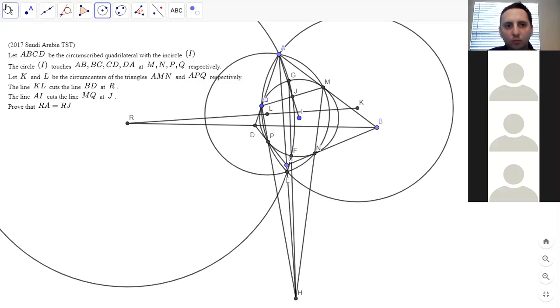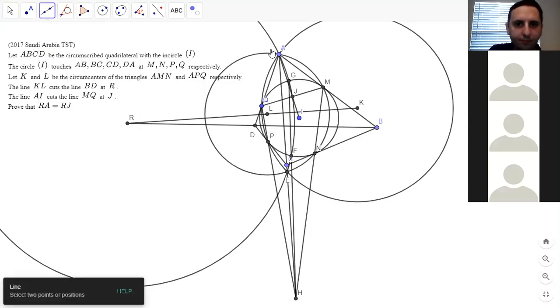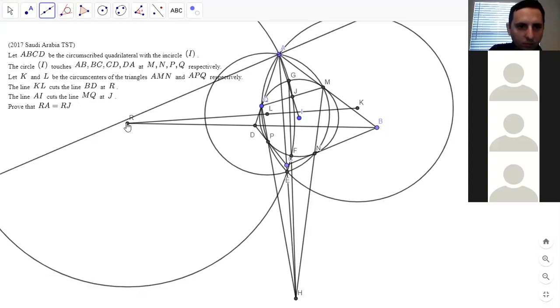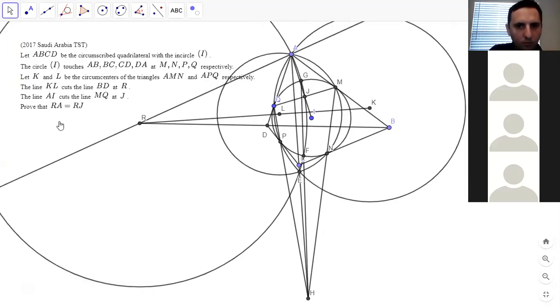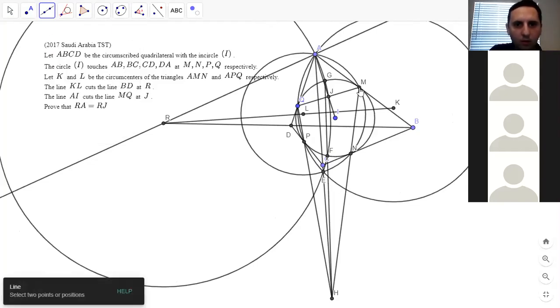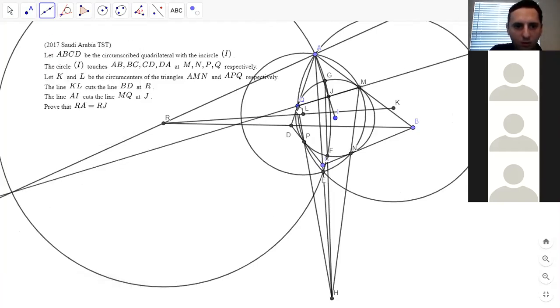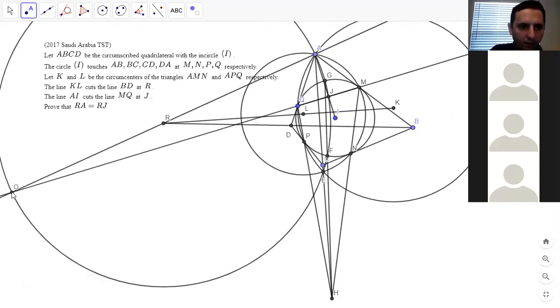Michael, can you draw the diameter of circle R? Diameter passing through A. Okay. Then MQ must pass through that point. Oh, really? Yeah, but just because of the right angle, I don't know if it can help, but maybe we can figure out more about a circle. Yeah, it sounds like a good idea.